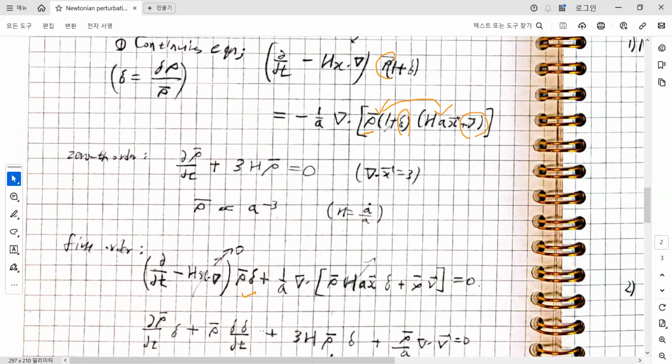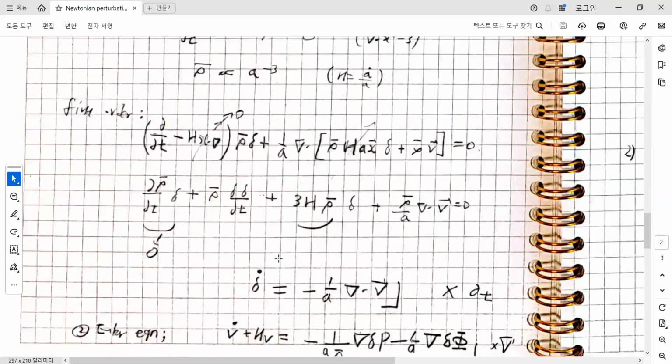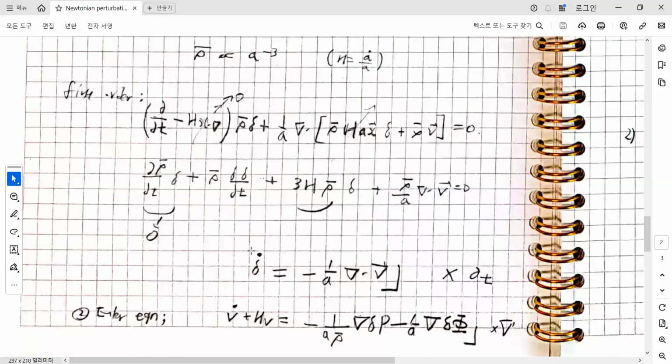So there are two terms here, and some terms cancel each other out, and the time derivative gives a two term, and some terms are equal to zero because of the static assumption, so the remaining terms are only three things.